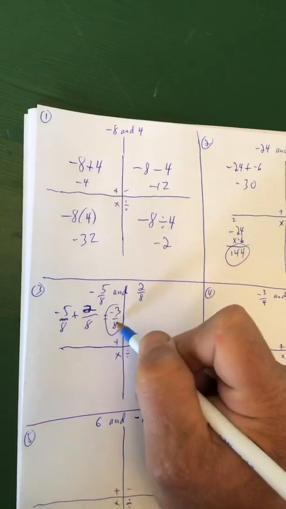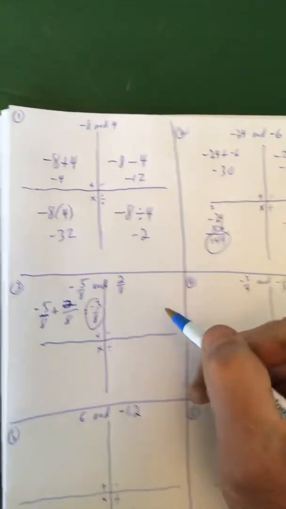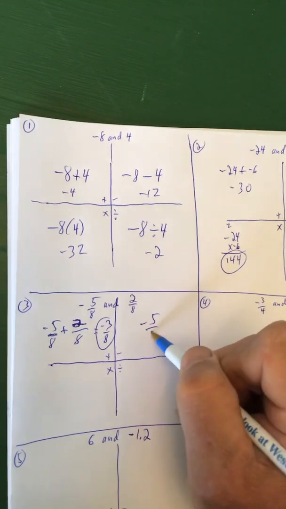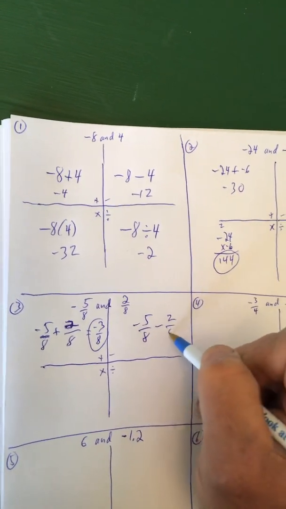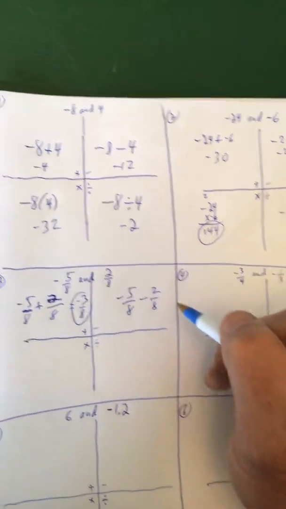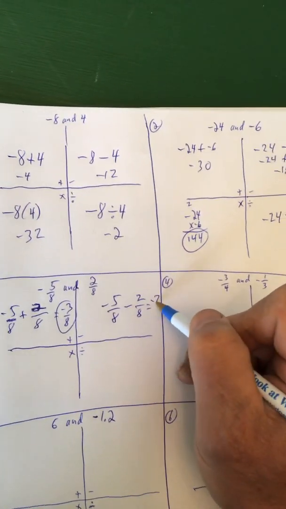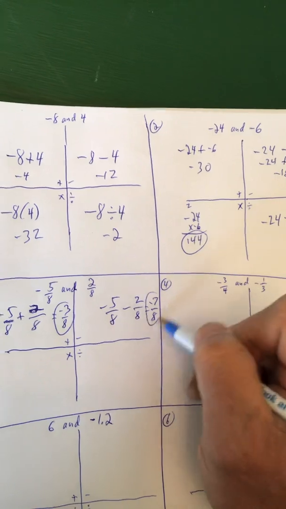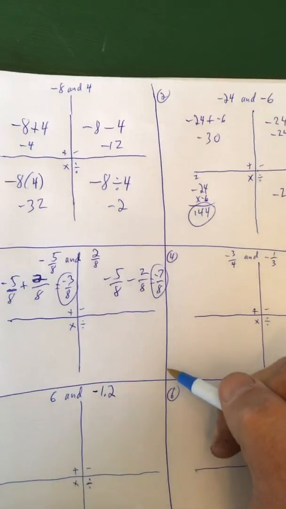All you have to worry about is the numerators. Then -5/8 minus 2/8. If I go 5 to the left and 2 more to the left, I ended up going 7 to the left, so it's just going to be -7/8.